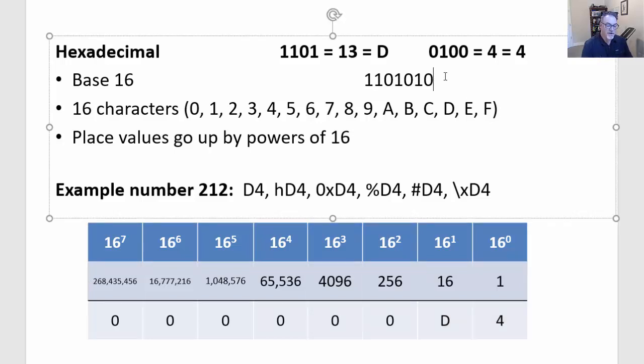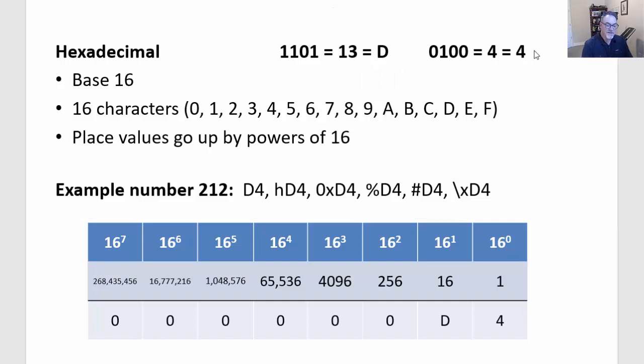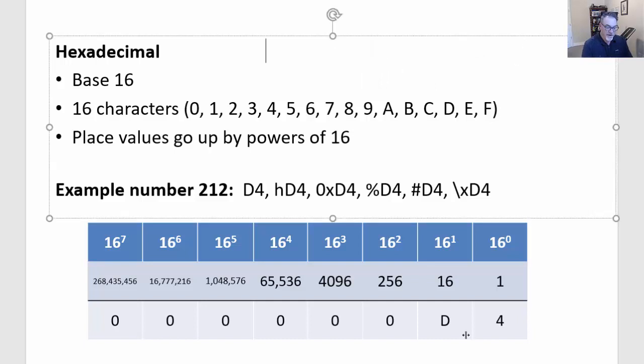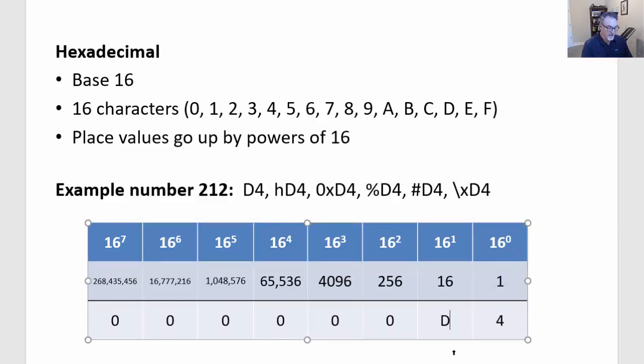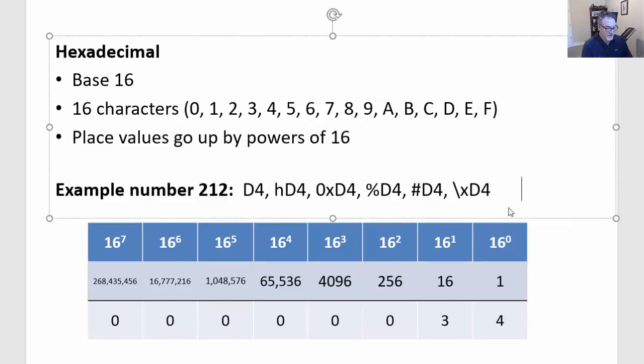The other thing to know about hex is the reason that we write it like this, 0xd4, is because what if you had a number like 34 hex. Well, 34 hex just looks like 34 decimal. And if you wrote it like this, 34, you would have a hard time distinguishing it between hexadecimal and decimal.